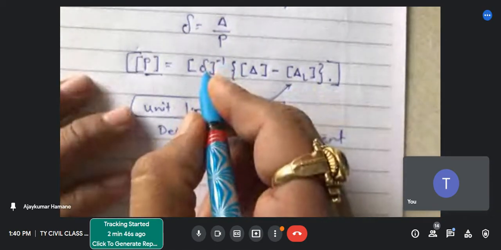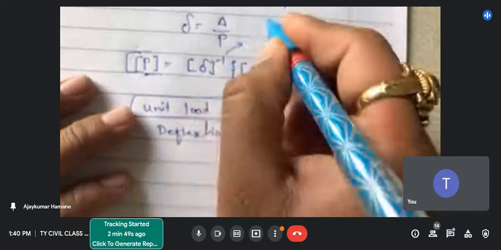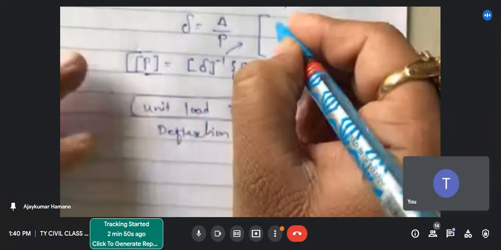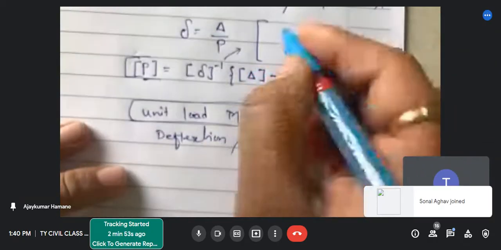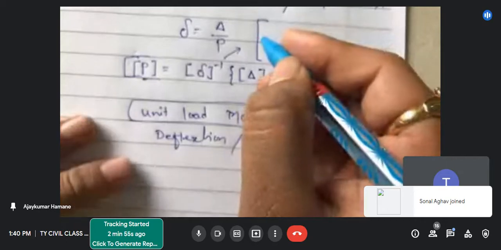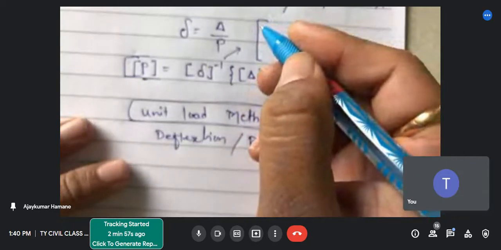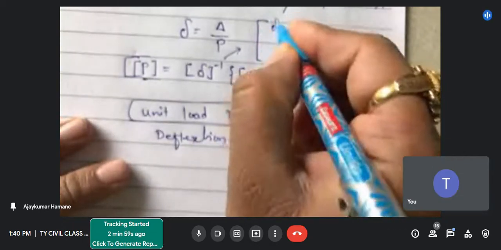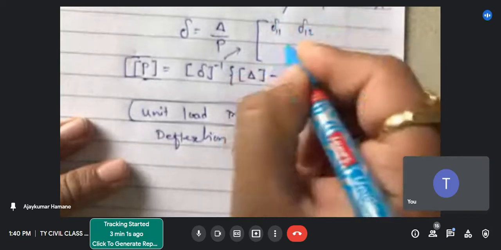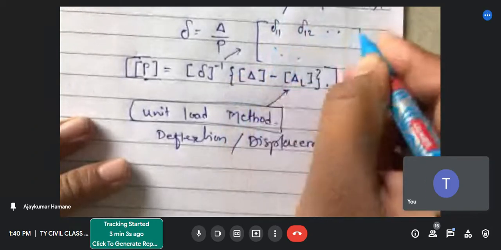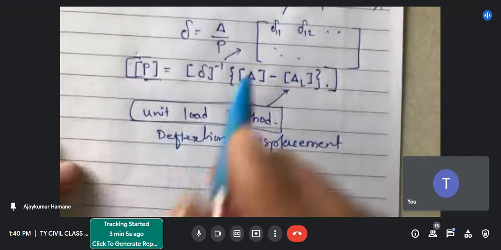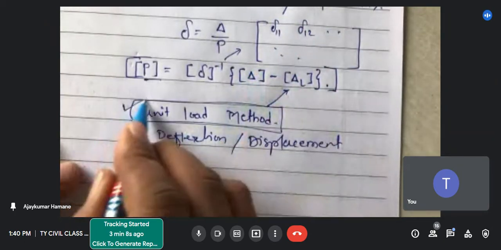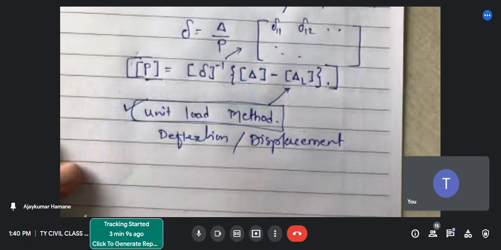Here also the flexibility approach is nothing but the displacement. When we have unit force, what is the rotation and the deformation along this coordinate, that is delta 1 1. Okay, this is also a displacement. So the displacement we can find out by using the unit load method.